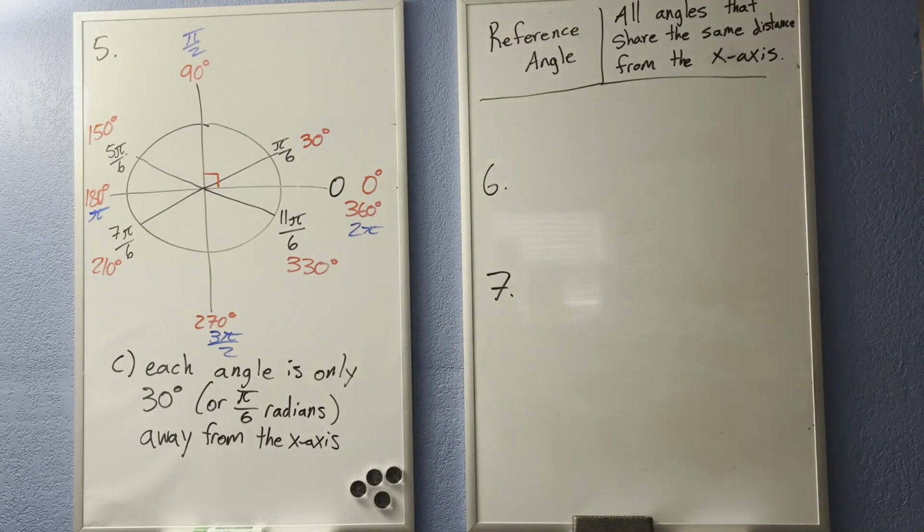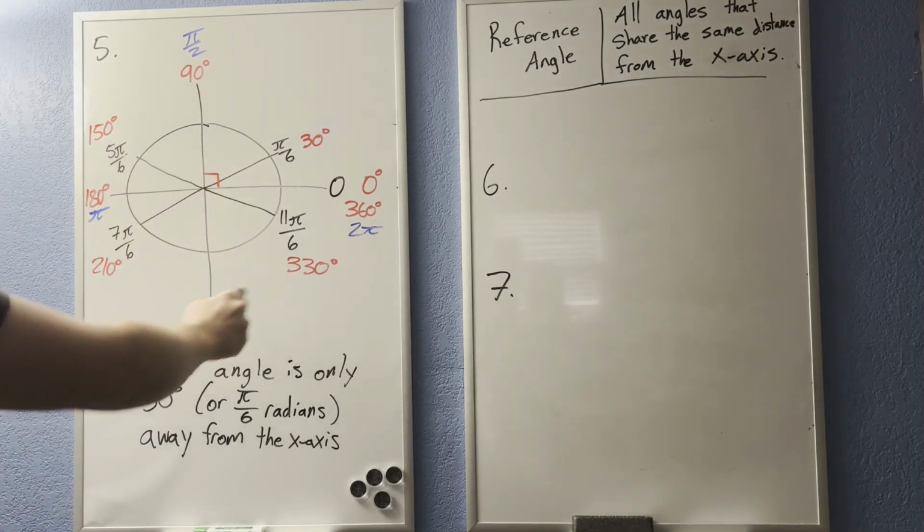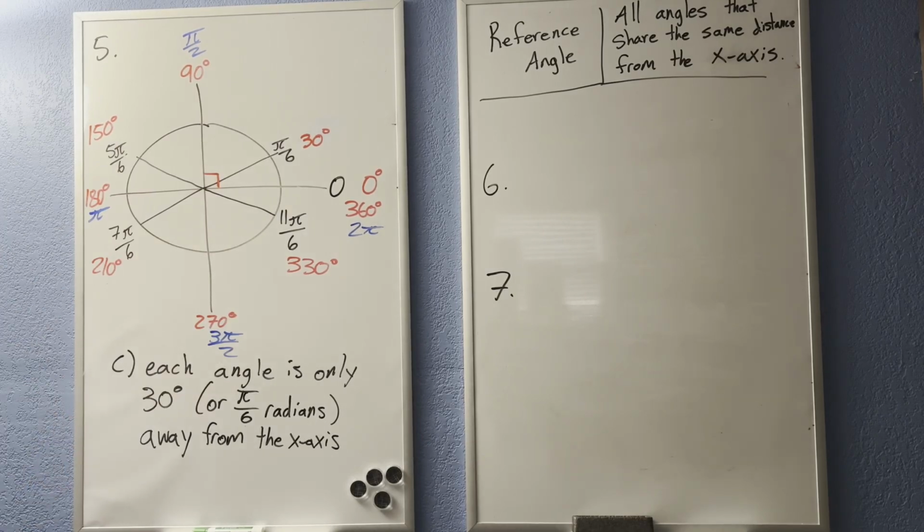Specifically for that reference angle, we're looking at the smallest possible angle. So 30, 150, 210, and 330 are all the same distance from the x-axis. They're all 30 degrees away from the x-axis. So our reference angle is 30 degrees, or pi over 6 using radians.